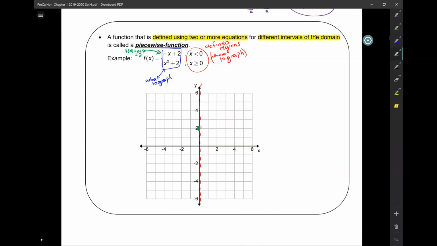Okay? Now, what kind of graph is this? Negative x plus 2. Is it a linear graph, quadratic? It's a linear graph. What's the slope? Is it going up, down? It's falling here with a slope of negative 1, right? So now, I know at this point you guys can graph any which way.